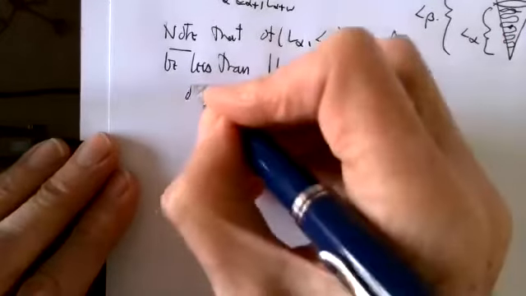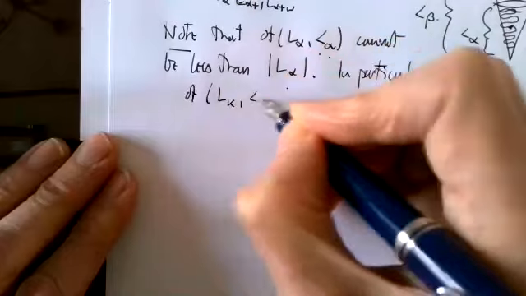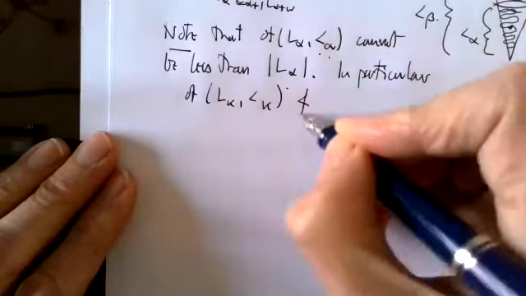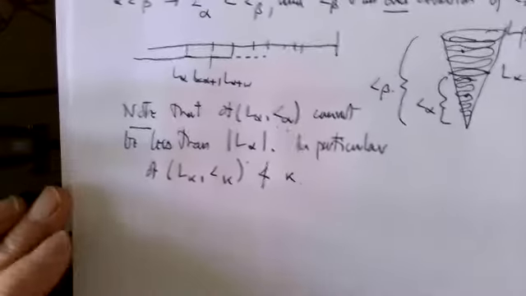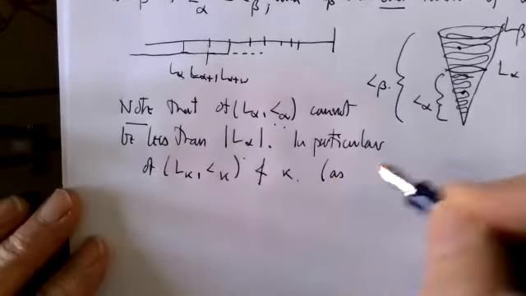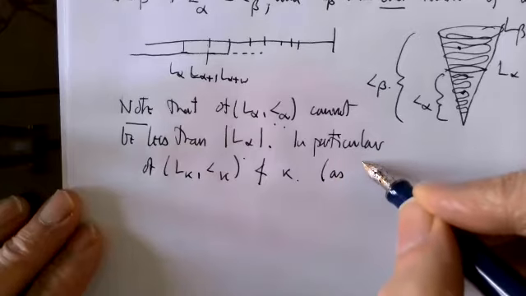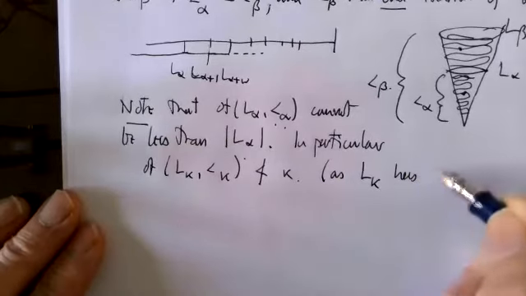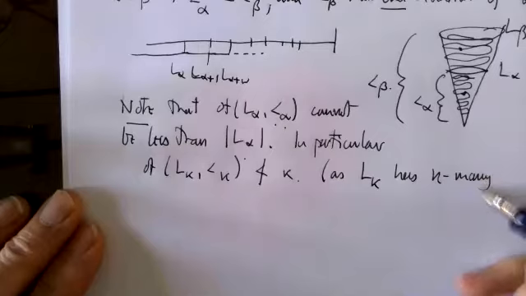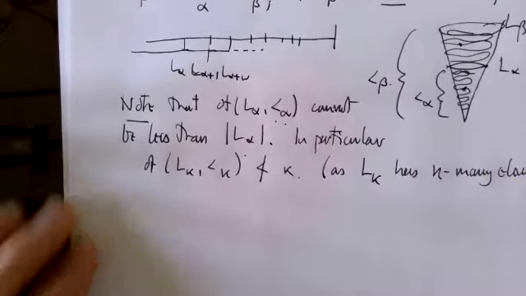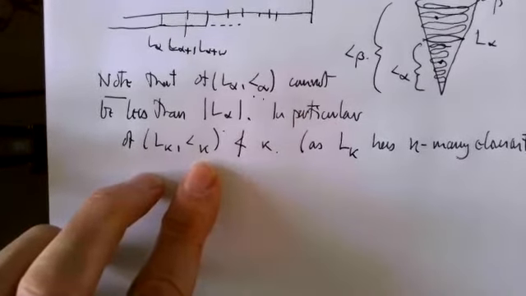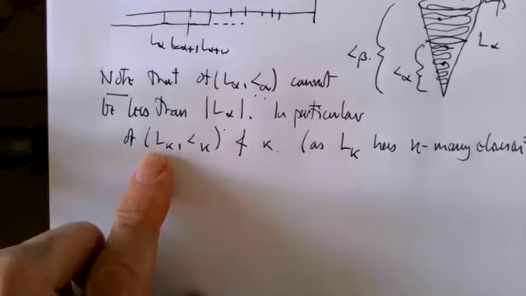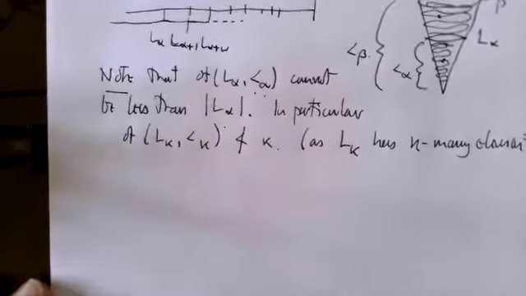In particular, the order type of L kappa is not less than kappa. Again, in words, L kappa has kappa many elements, so this can't be shorter than kappa. We'd have an enumeration of kappa many elements by some ordinal less than kappa.